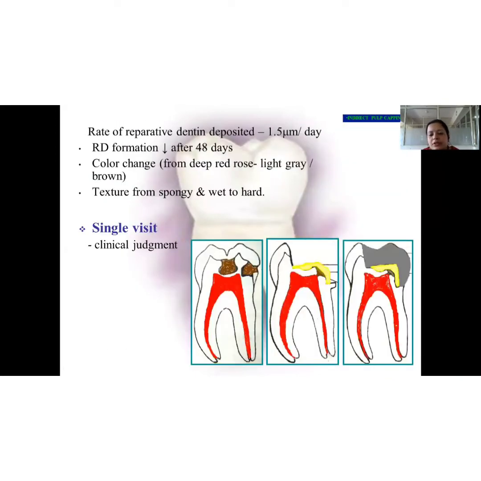And in a single visit, it is based on clinical judgment and the type of caries. Basically, we remove the carious lesion, but the lesion close to the pulp, we leave it and place calcium hydroxide over that portion, and then we proceed to the final restoration.